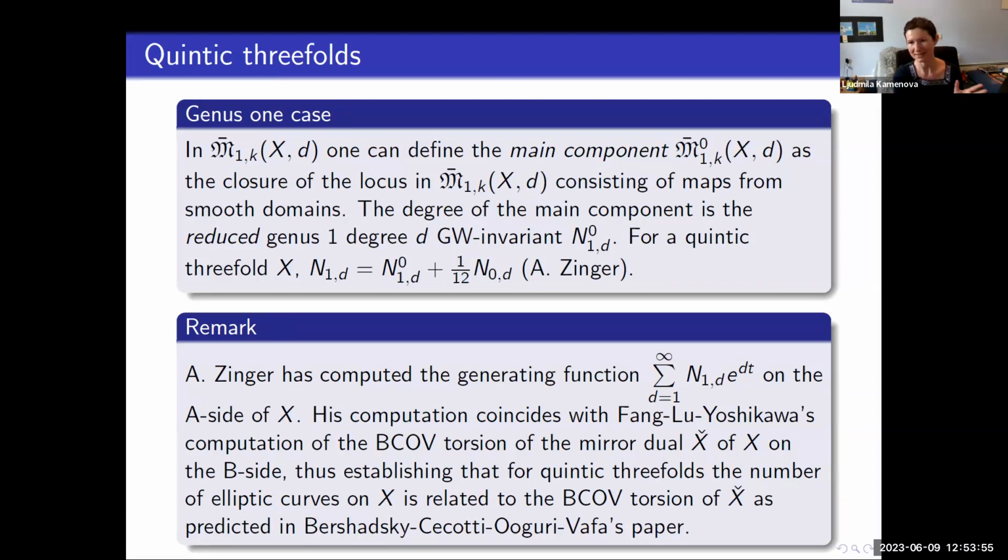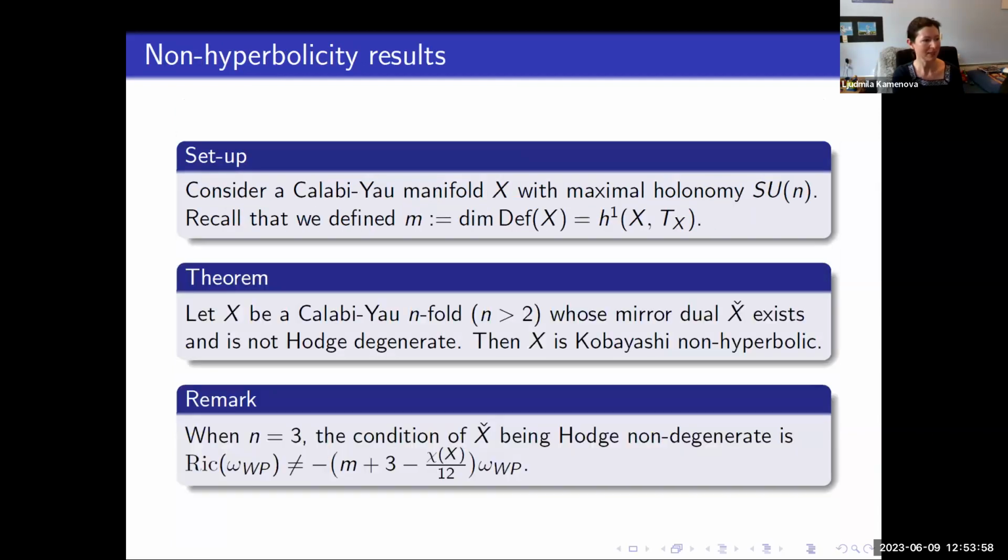The proof is physical. If you assume that ∂∂̄ of log t is not zero, then physical mirror symmetry tells you that on one side you have the BCOV torsion, which from this condition gives you that on the A side you have a generating function which is non-trivial.